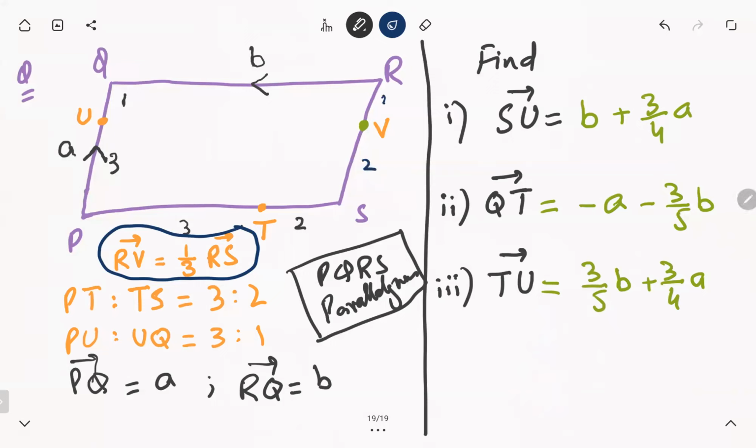Now last our point is, what is vector VU? Make a path for VU. जी बख्शी.